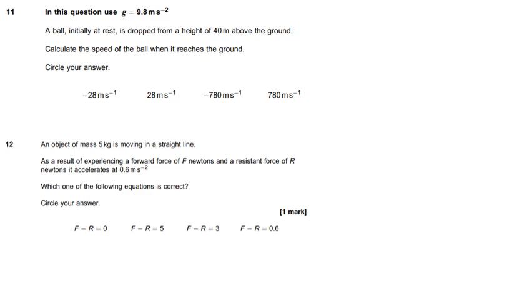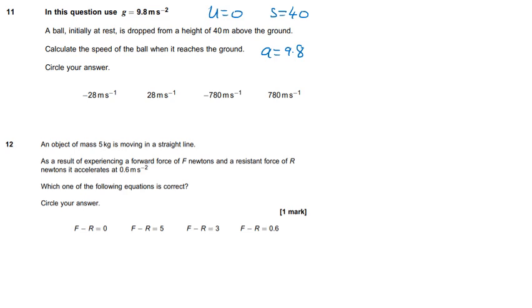So a couple of 1 markers here to start with. A ball initially at rest is dropped from a height of 40 meters above the ground. Calculate the speed of the ball when it reaches the ground. Okay, so just a SUVAT question here. Initially at rest, so we know u equals 0. We know that it's dropping from a height of 40 meters. We know that the acceleration is 9.8.